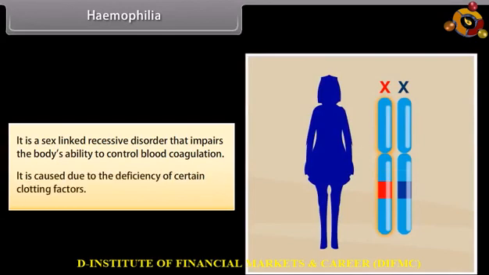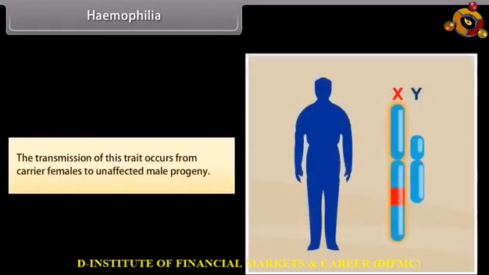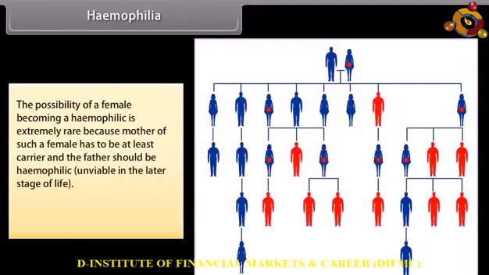It is caused due to the deficiency of certain clotting factors. The transmission of this trait occurs from carrier females to unaffected male progeny. The possibility of a female becoming hemophilic is extremely rare because the mother of such a female has to be at least a carrier and the father should be hemophilic, which is unviable in the later stage of life. The following chart shows the transmission of hemophilia.